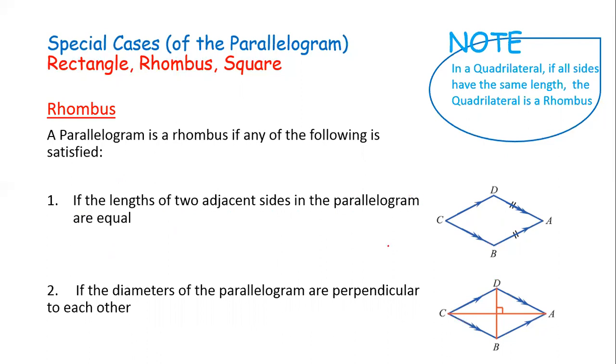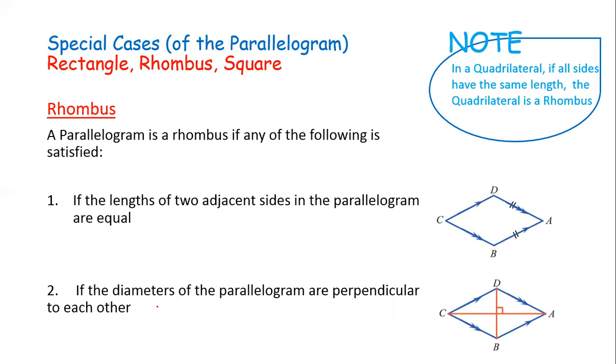For example, here we have ABCD is a parallelogram in which two adjacent sides, which are AD and AB, those two sides have equal length. Then we conclude that this parallelogram is a rhombus.